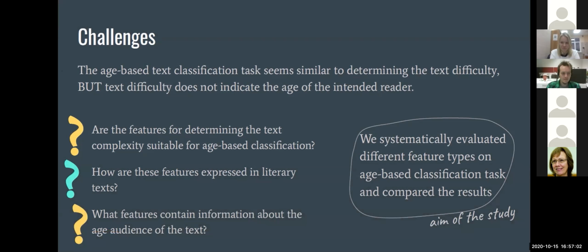Then, we know that some text features depend on text genre. So it's necessary to find out how these features are presented in the literary text and how they can express information about the age audience of the text. So in this work, we try to answer these questions.